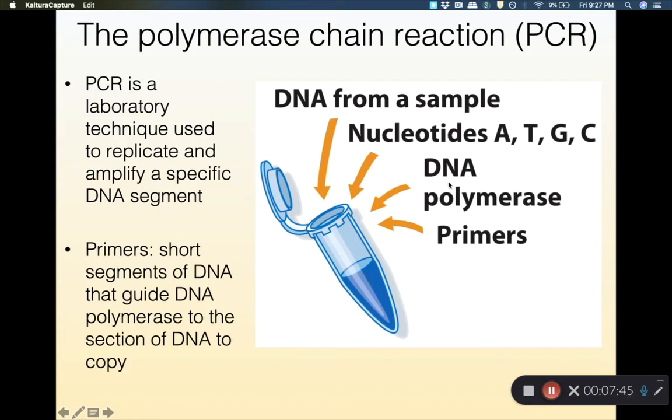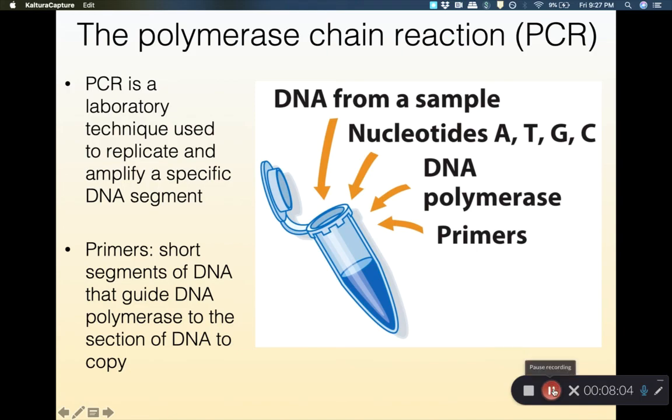We need the DNA polymerase, that important enzyme that takes those nucleotides and puts them onto the new strand of DNA. And then primers. Primers are simply short segments of DNA that guide the DNA polymerase to the section of the DNA to copy.